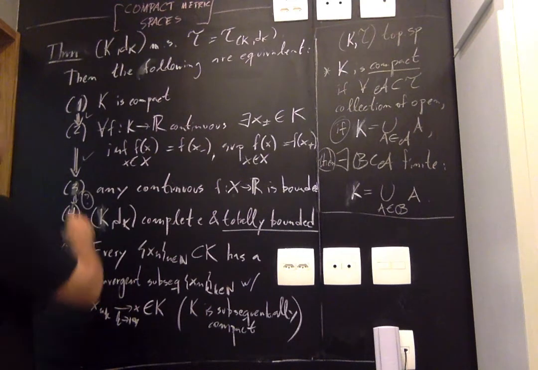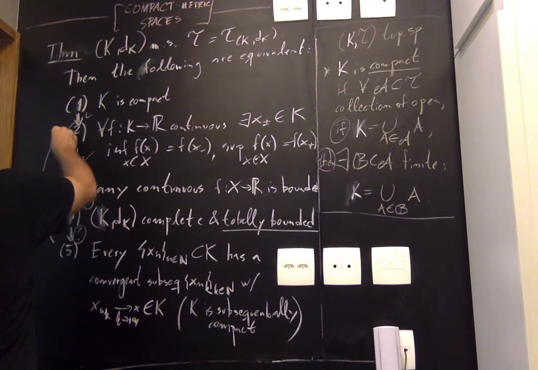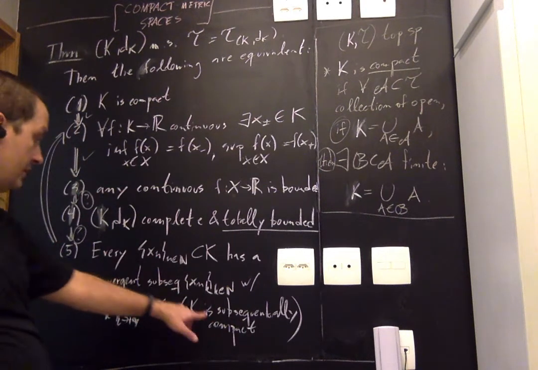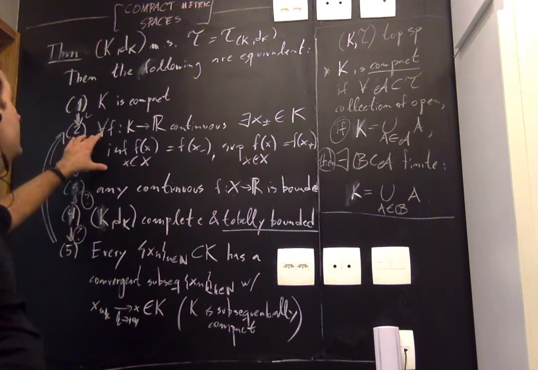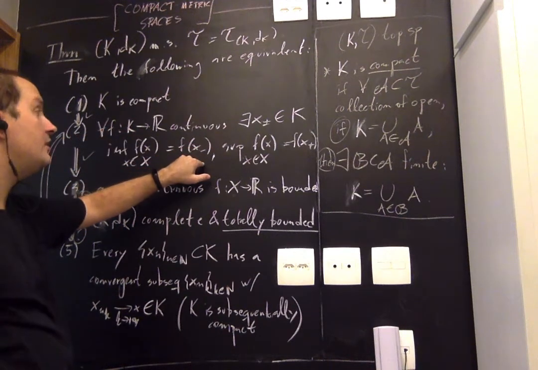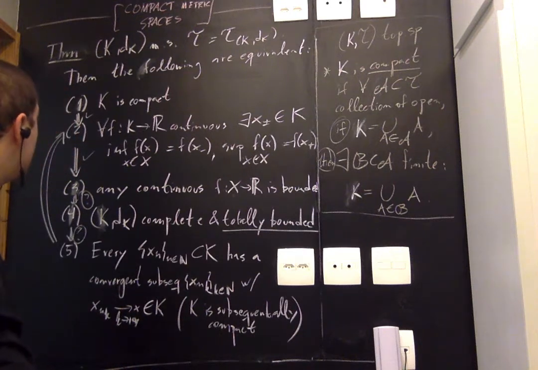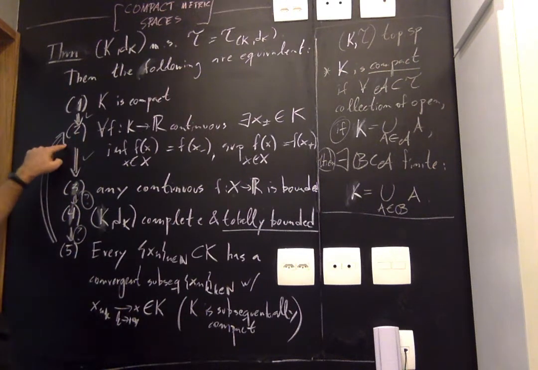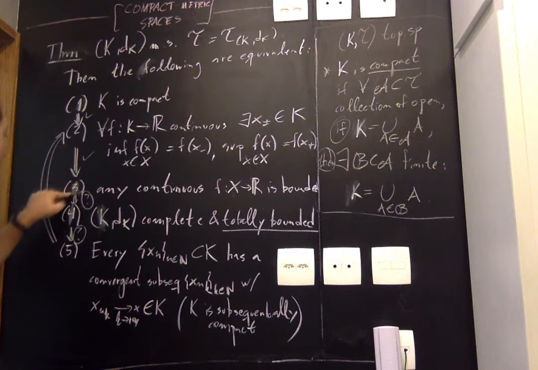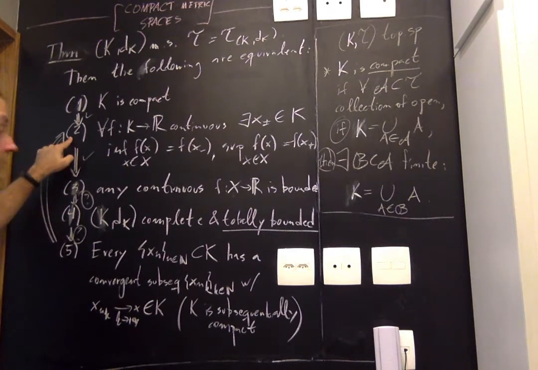And we'll also prove in a couple of minutes that if a space is subsequentially compact, then all continuous functions must achieve the inf and the sup. So in that sense, we'll see that two implies three, implies four, implies five, implies two.